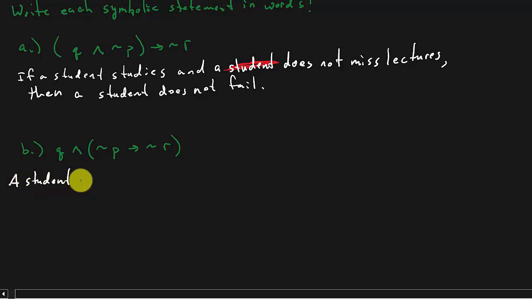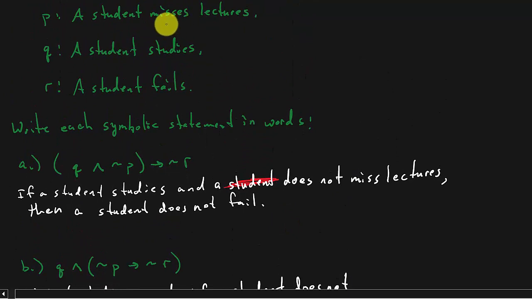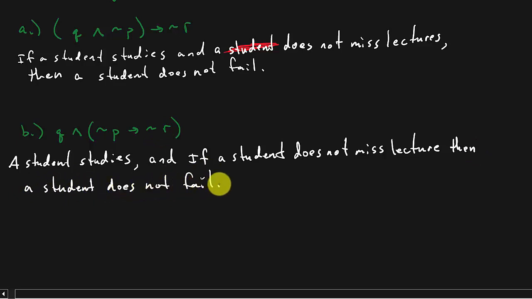A student studies, comma, and, see, the comma is separating it, and then we've got this if-then: if a student does not miss a lecture, then a student does not fail.